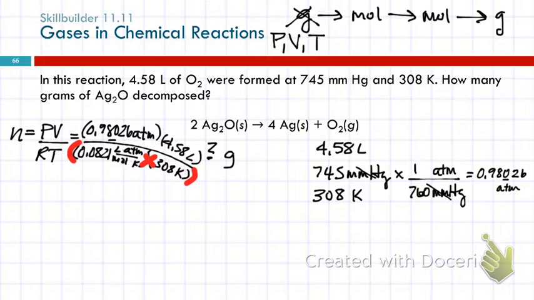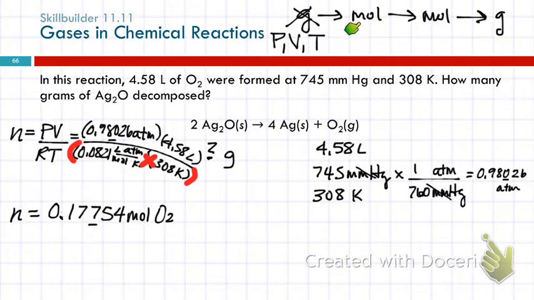So n is equal to, let's try that again, 0.177. 3 is the smallest number of significant figures, write down 2 extras, moles of oxygen.